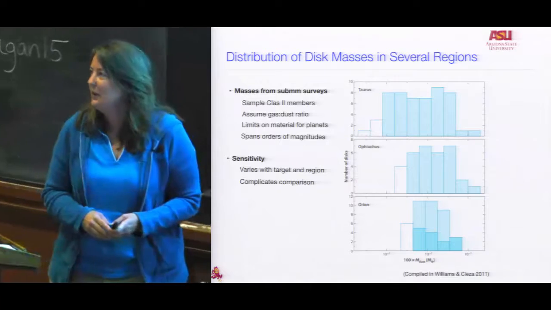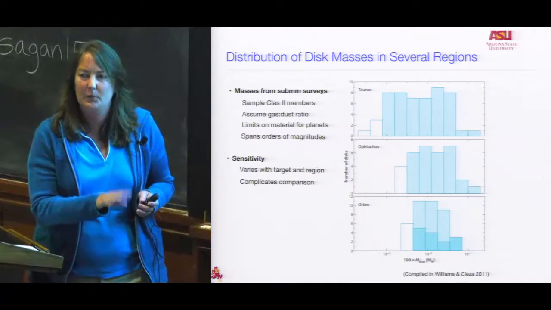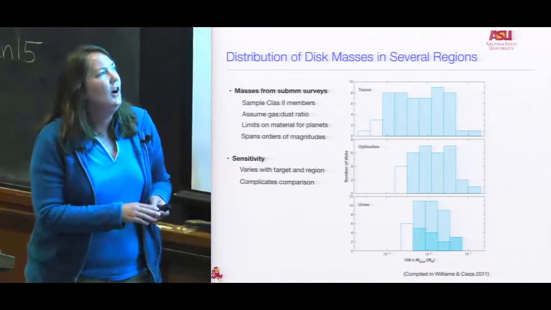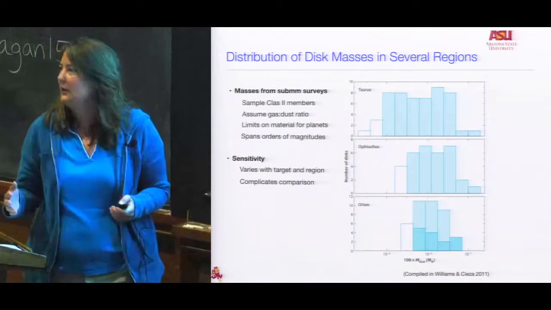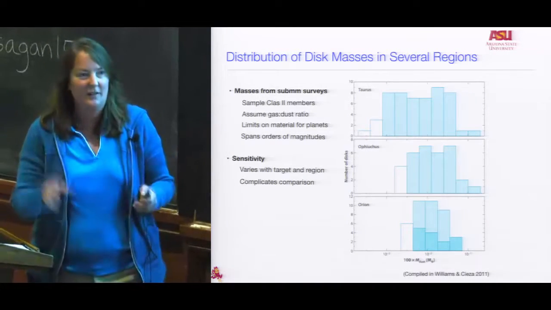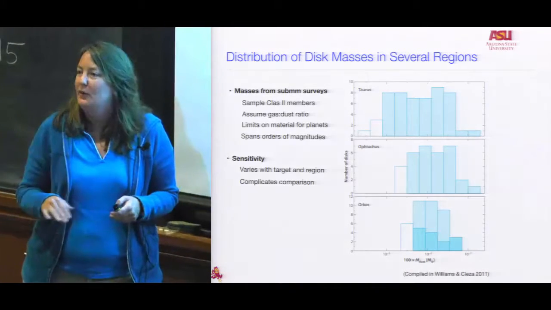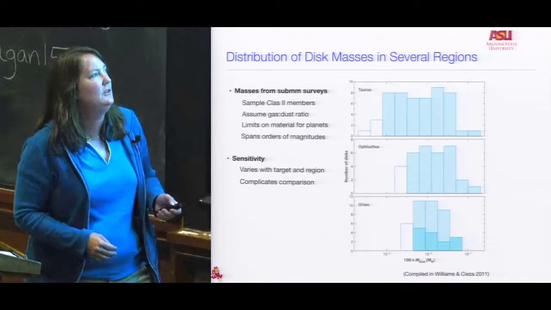And so what's shown here are distributions, using those millimeter or submillimeter wavelength measurements that I was just describing, from surveys of several star-forming regions. Taurus and Ophiuchus are among the two nearest star-forming regions, and that's why they get a lot of attention. A fixed sensitivity will translate into the lowest possible disk mass for those regions.